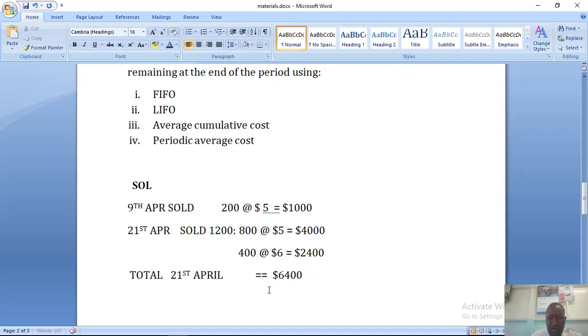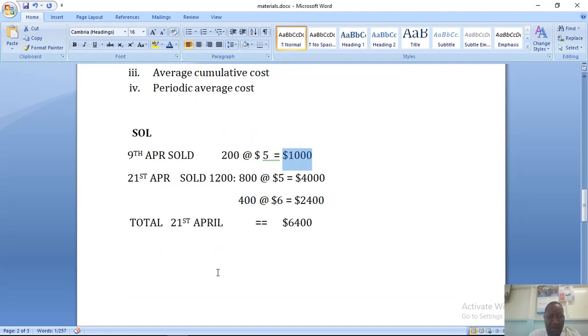So in conclusion, the total cost of issue for the whole period will be the $1,000 cost of issue for the 200 units issued on the 9th of April, plus the total cost, which is $6,400 for the 1,200 units issued on the 21st of April.